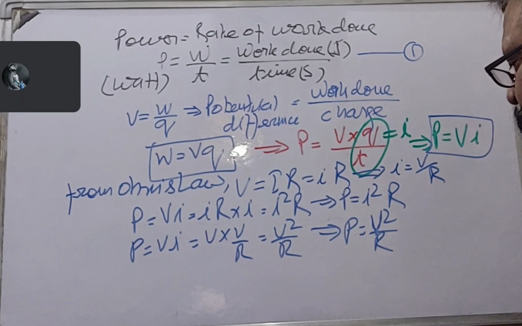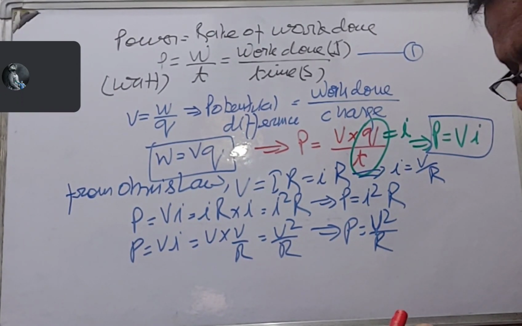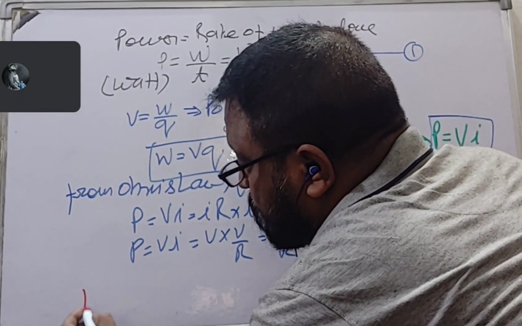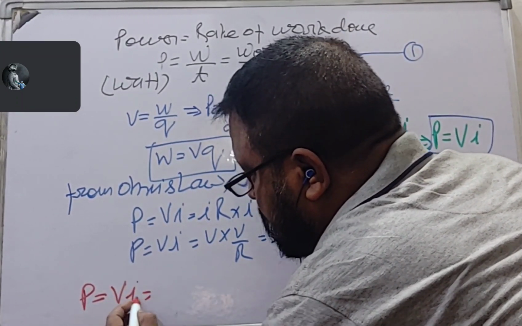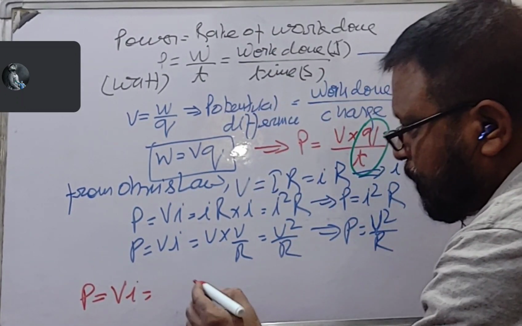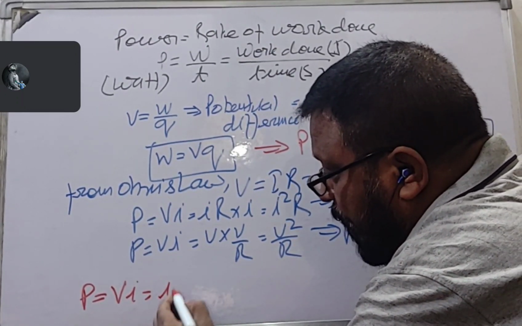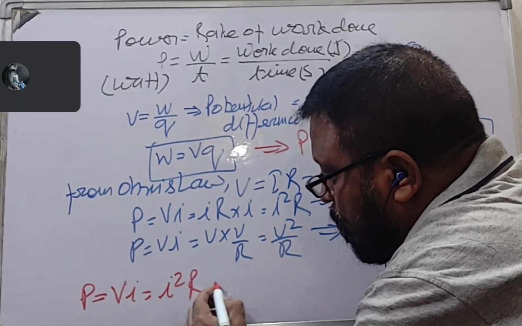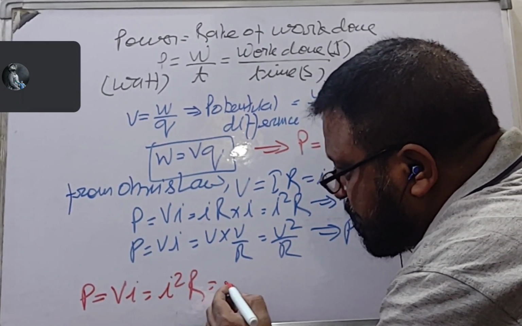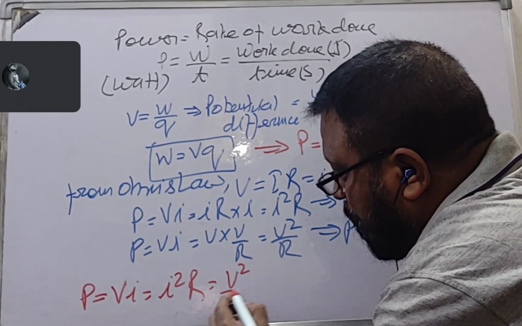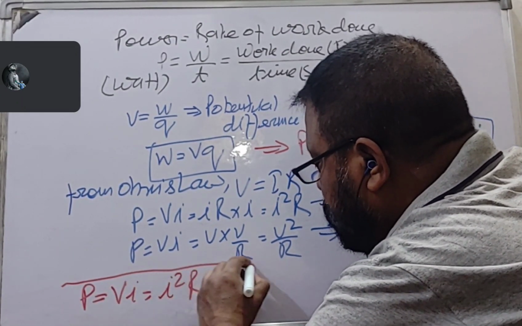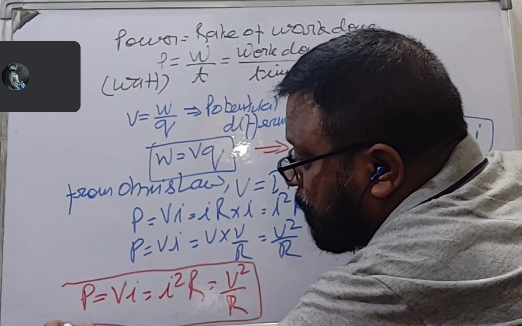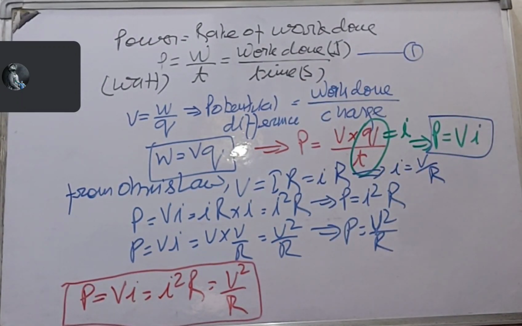Where V is potential difference. So now we get P is equal to VI, P is equal to I square R, or P is equal to V square upon R. These are the formulas for power, right?